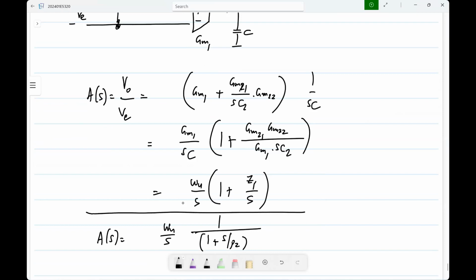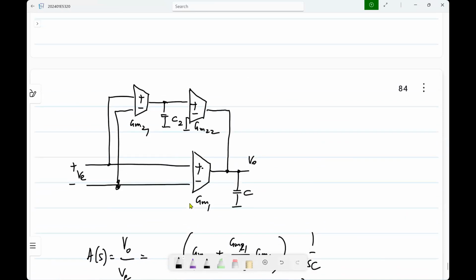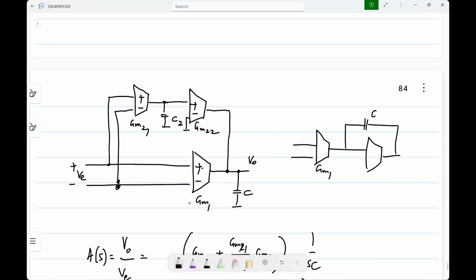If you use the other type of two-stage amplifier, again ignoring the output conductances, this form will appear.